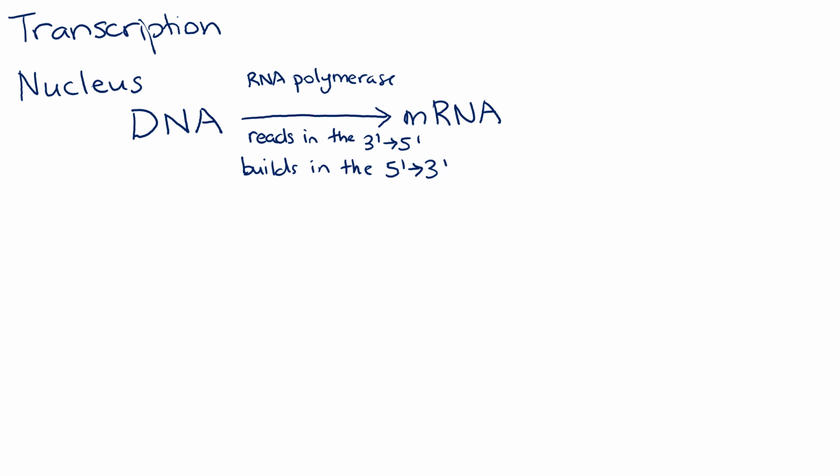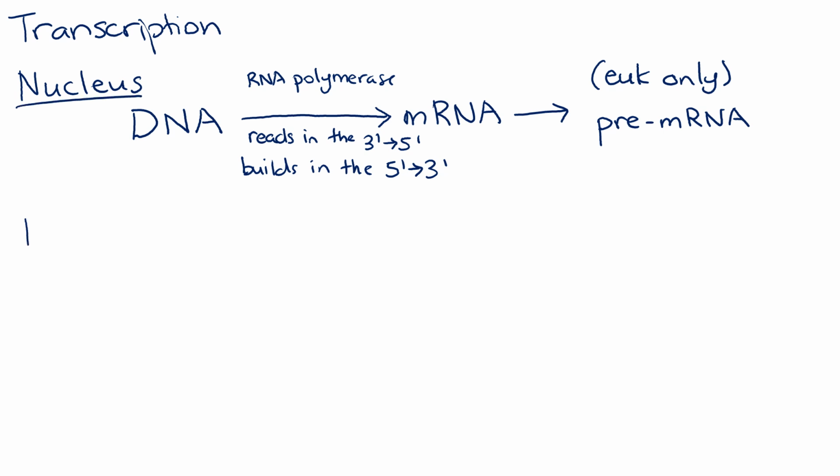And then in eukaryotes, we actually create something called the pre-mRNA. And so this next step, still in the nucleus, is called post-transcription.